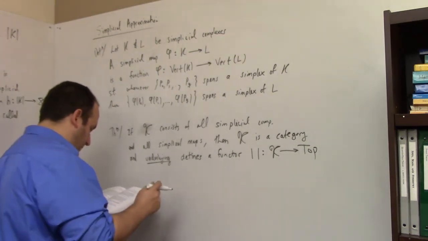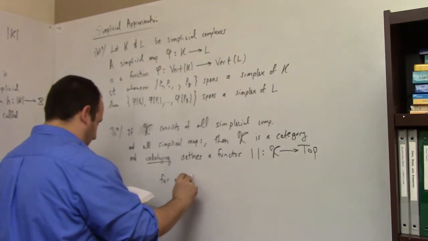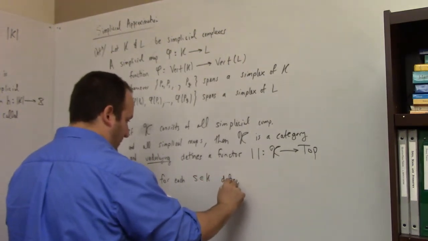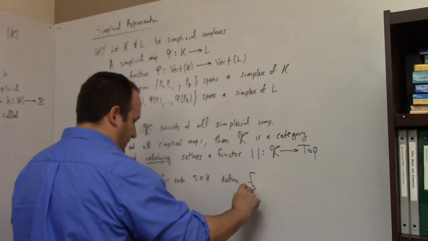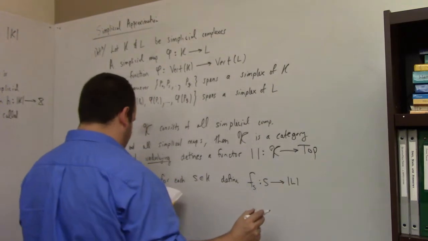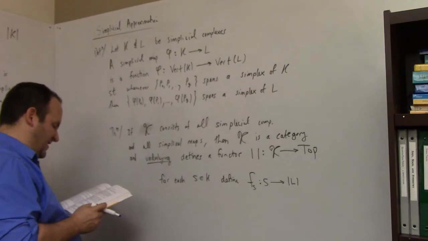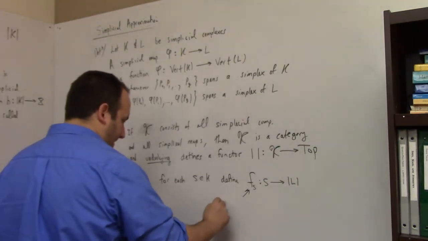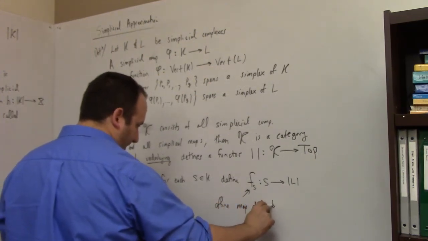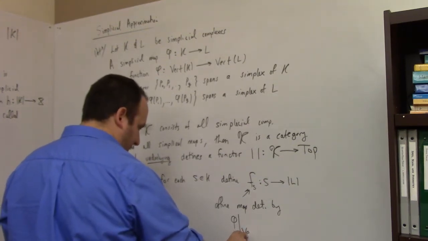So he says for each S in K, define F sub S from S to the underlying space of L as the affine map determined by the restriction of the simplicial map to the vertices of S.